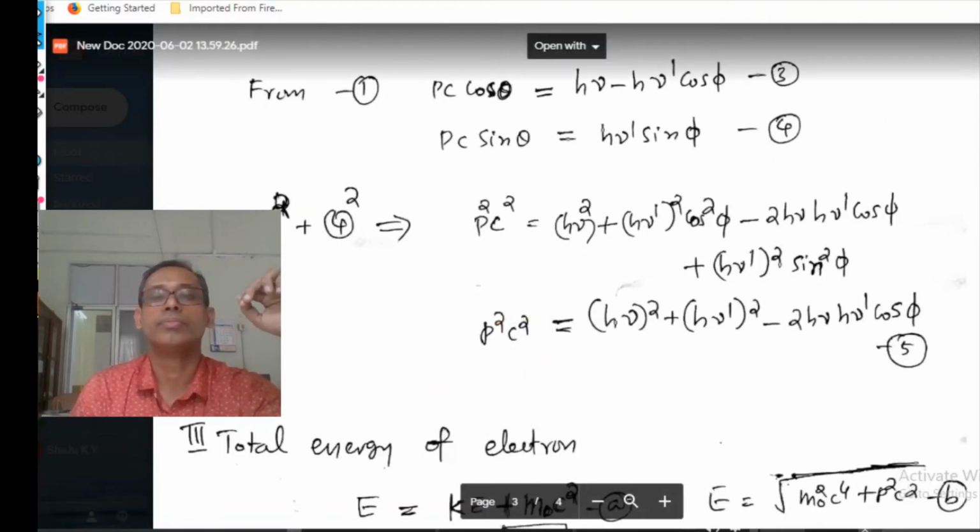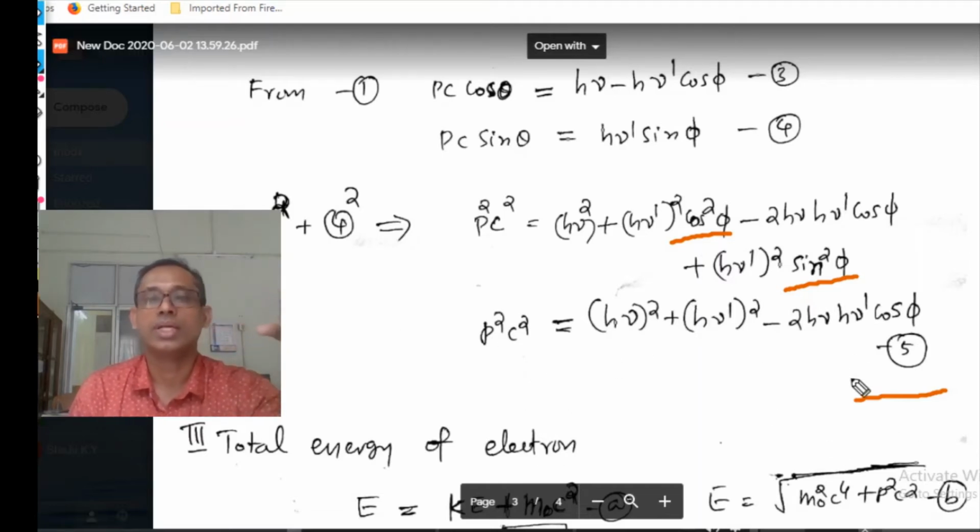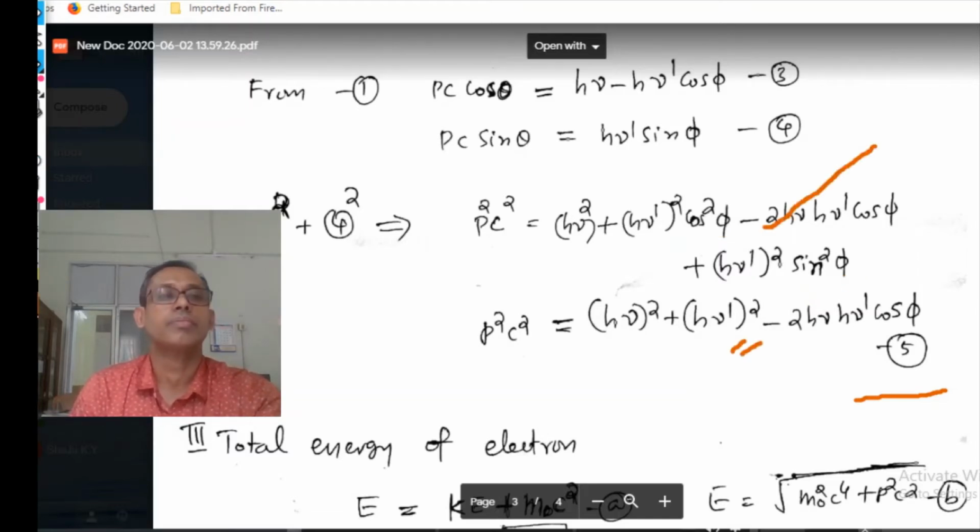The cos square phi and sin square phi terms of h nu prime square combine. So I have this equation for p square c square, and that is equation 5.